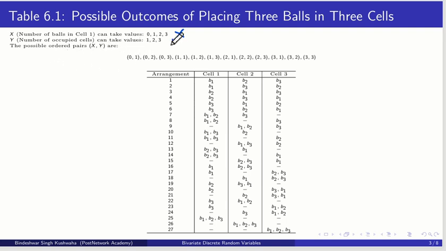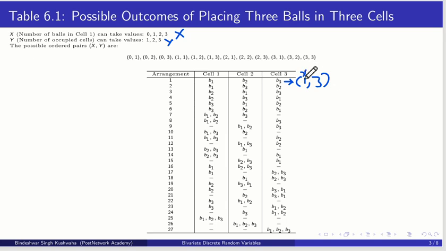that is Y. So here you can see, if I tell what would be this pair: the number of balls in cell 1 is 1, and the number of occupied cells, all cells are occupied, that is 3.